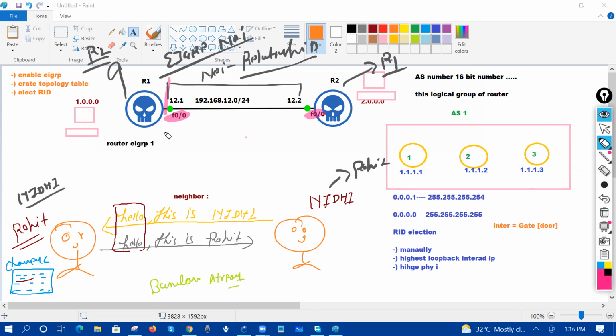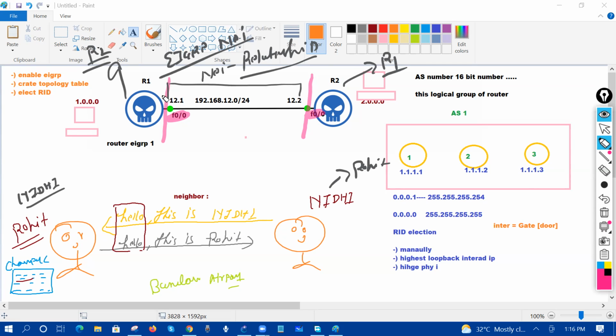So this interface is blocked, and this interface is blocked from the perspective of EIGRP. These two guys are totally dumb from the perspective of EIGRP.